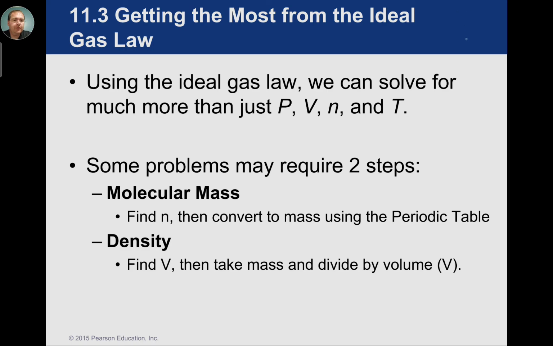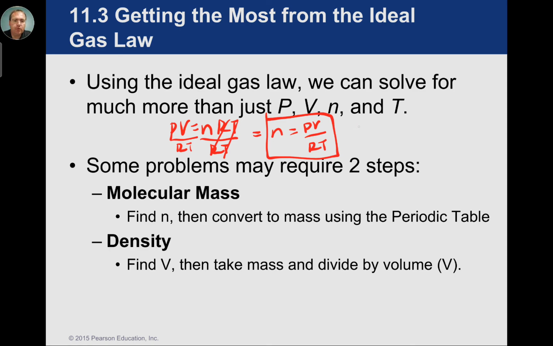So you can imagine that if you have our equation PV equals nRT, if you divide RT on both sides, you can get n. So n equals PV over RT, that's the one that's on the final exam.